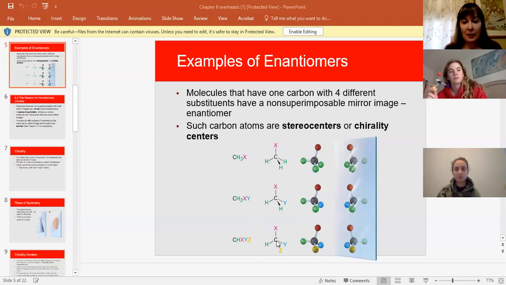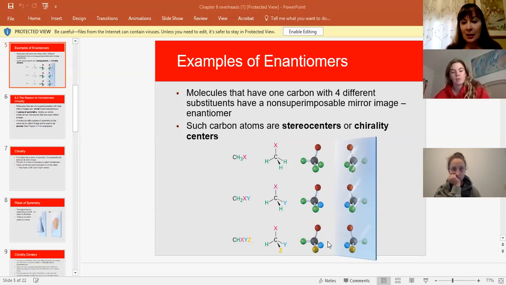Okay, so the compound that you guys just made, the compound that I asked you to make, is similar to the one that is down here. It has a hydrogen substituent, and then it has 3 substituents that are different from each other. Those carbons that have 4 completely different substituents are what we call stereocenters or chirality centers or chiral carbons, like you heard on the video that you saw for this chapter.